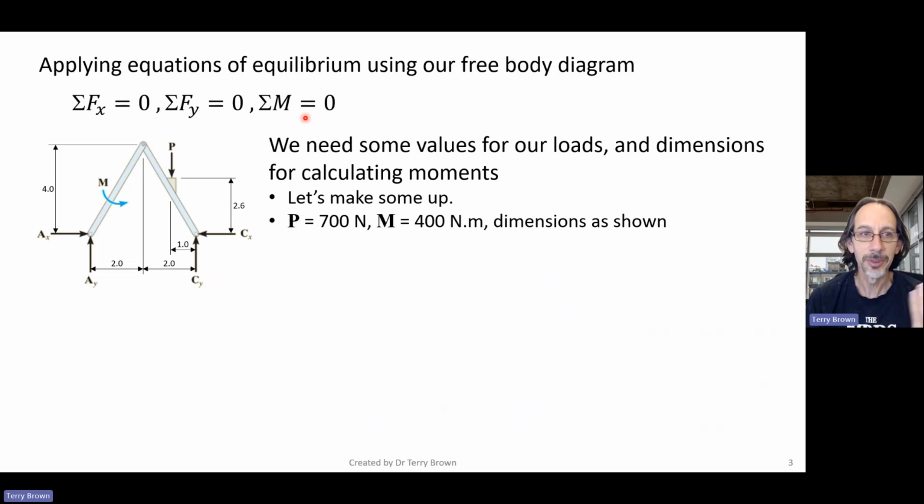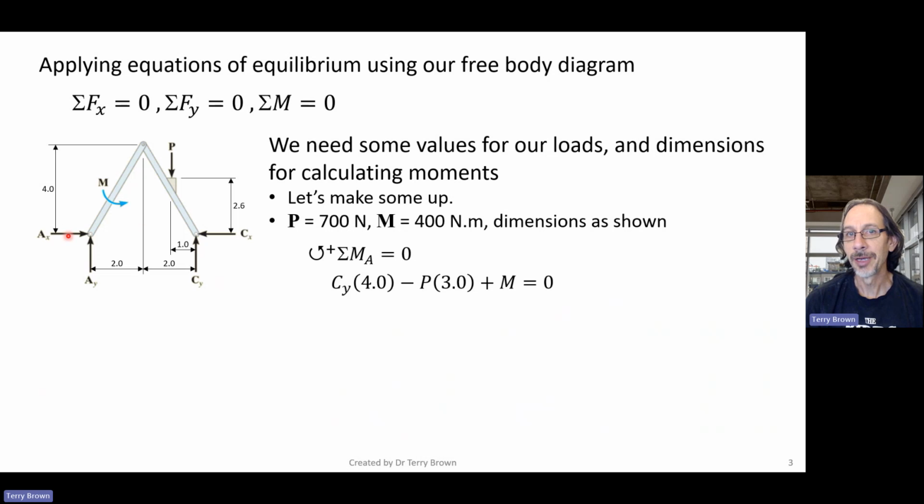I'm just going to make up some numbers here that weren't there to start with. I'm going to say the load P is 700 newtons and the applied moment, or applied couple, is 400 Newton meters, and the dimensions are as shown, and they're in meters. So if we take moments about point A, we could have taken moments about point C. Either would do.